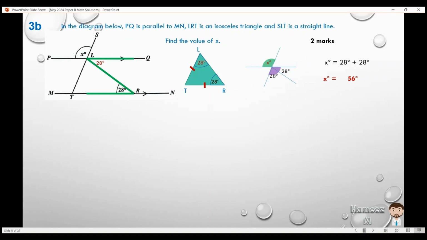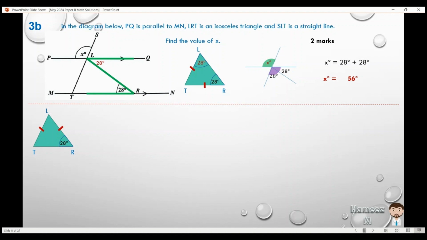However, there's an issue with the question, and it is that we're not sure which two sides are the same in the isosceles triangle. So let's look at it a little differently. We know L, R, and T. We know the 28 degrees there. And just now we assumed LT and RT are the same. But it could be LT and LR are the same.